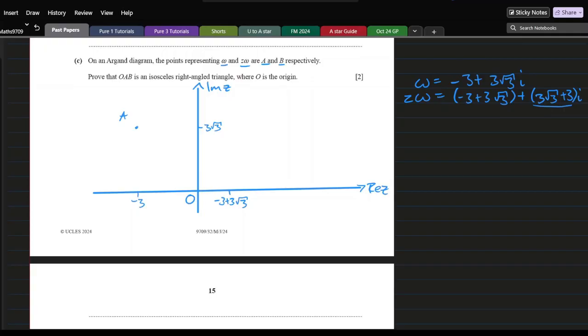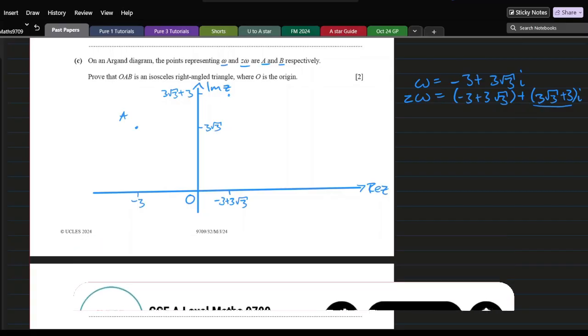That is 8.19, so 8.19 should be somewhere here. That's 3 root 3 plus 3. In fact, let me write it on the other side. So this is 3 root 3 plus 3, and our point would be over here.